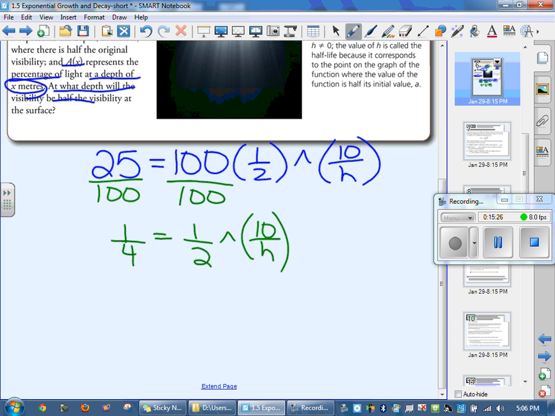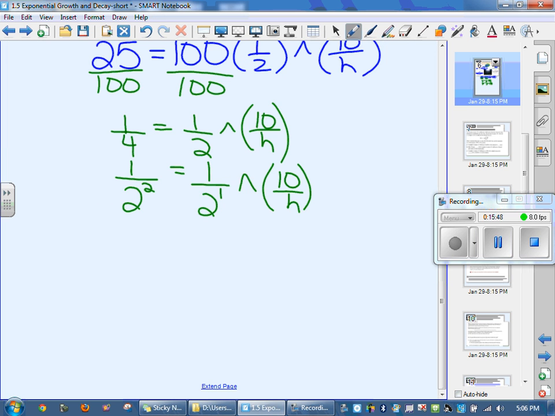So currently, 1/4 would be 1 over 2 squared, and 1 over 2 is equal to 1 over 2 exponent 1, exponent 10 over h. Now, when I want my 2's to come up, right now I've got bases of 1/2, but it's not exactly 1/2 because my bottom number is squared on the left.